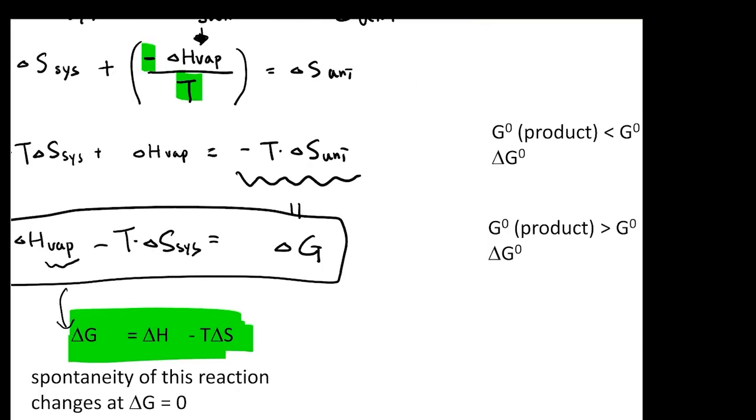The important thing is that previously we said if your delta S universe is positive, then you have a spontaneous reaction. Since your delta G is negative T times your delta S universe, and temperature is always positive, your delta G for a spontaneous reaction will always be negative.